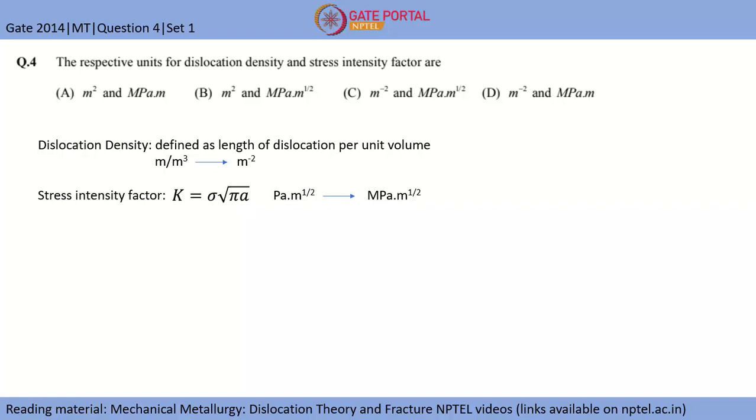So sigma will be pascal or MPa, and A will be meter, and root meter will be meter raised to power half. So the unit of stress intensity factor will be MPa root meter. So meter raised to power minus 2 for dislocation density and MPa root meter for stress intensity factor. So the correct option is option C.